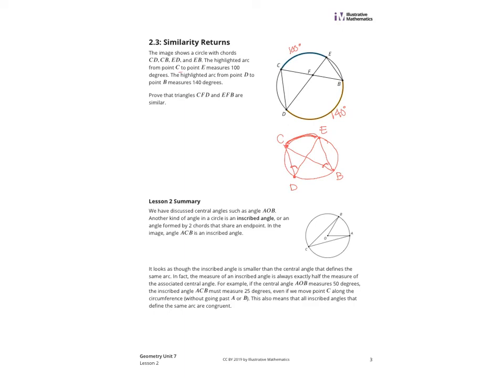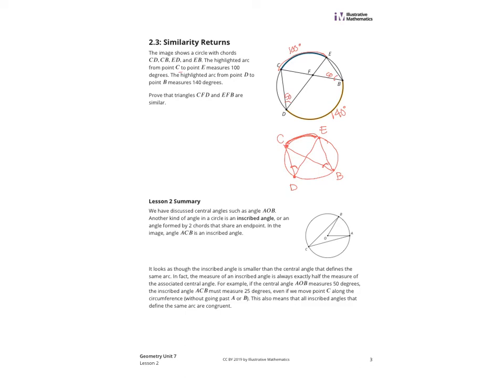So first of all, I know that D is 50 degrees because CE is its intercepted arc and it's 100. So I know that my inscribed angle is half of that. I also know that B is 50 degrees for the same reason. The arc for angle B is also CE, so it would be half of 100 or 50.